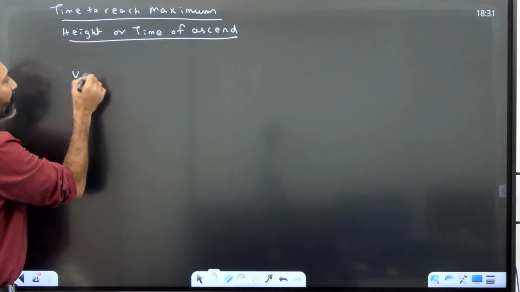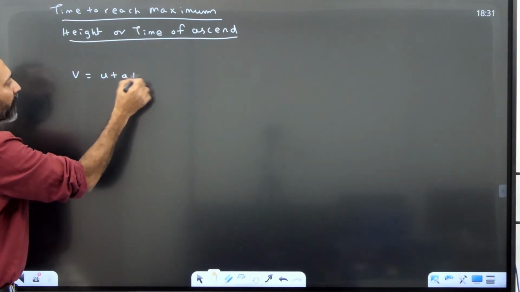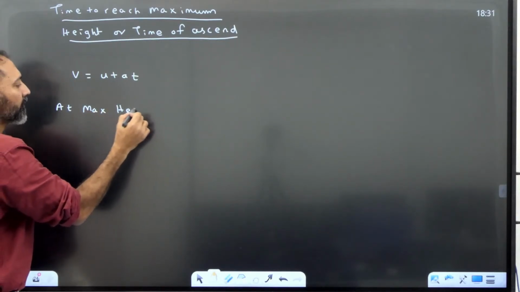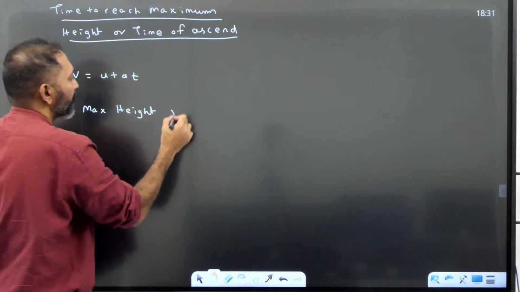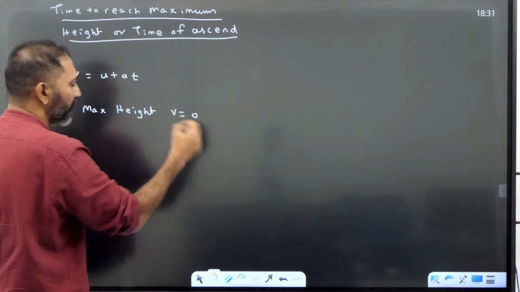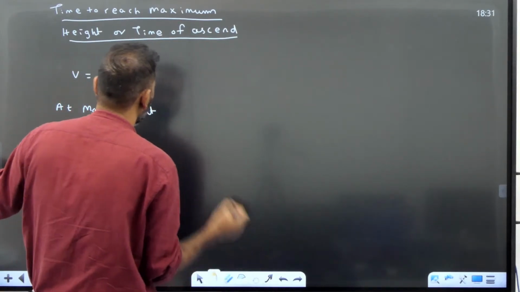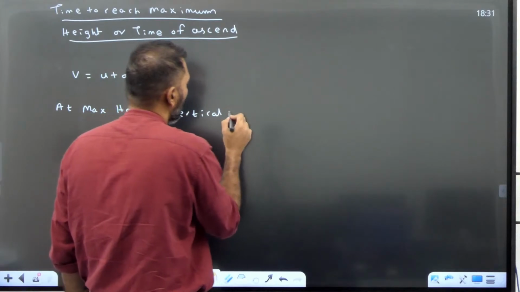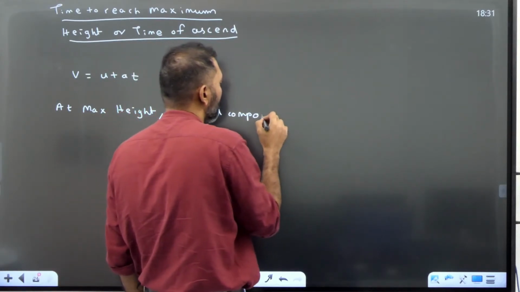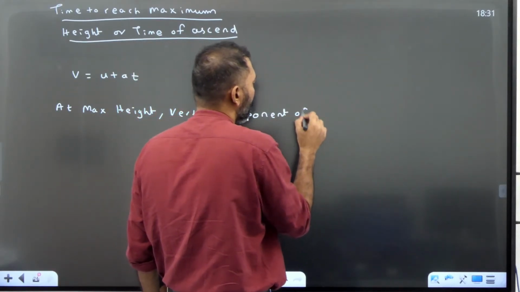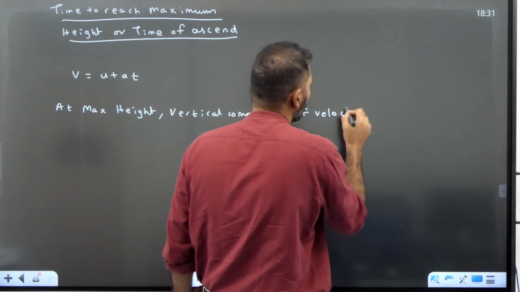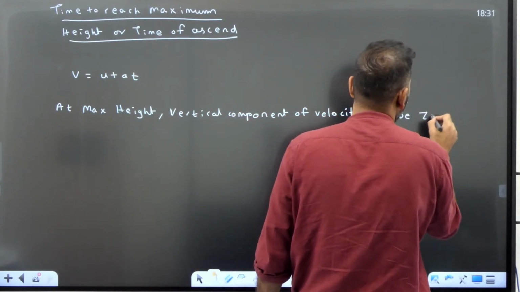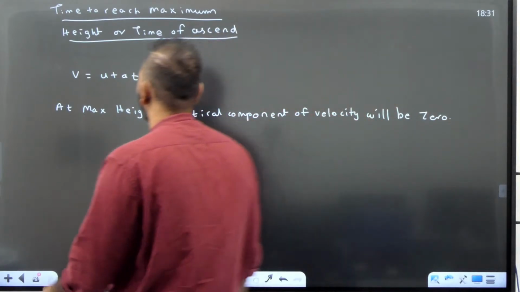We know that v is equal to u plus at. At the maximum height, the vertical component of velocity will be 0.